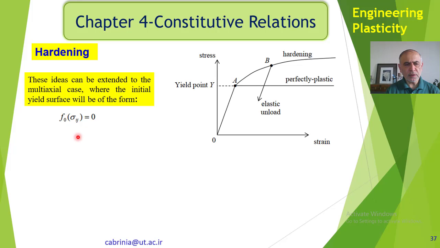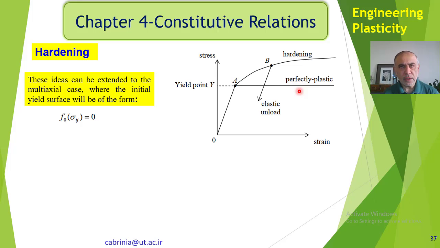Okay, supposing this is our yield function, F0(sigma ij) equal to 0. Why do we say F0? Because it's the initial yield surface. Okay, because hardening means that the initial yield surface changes, because for perfectly plastic material the initial yield surface doesn't change, it remains constant.